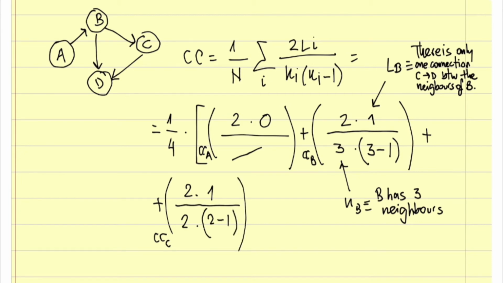So this number is k sub C, means that C has two neighbors.